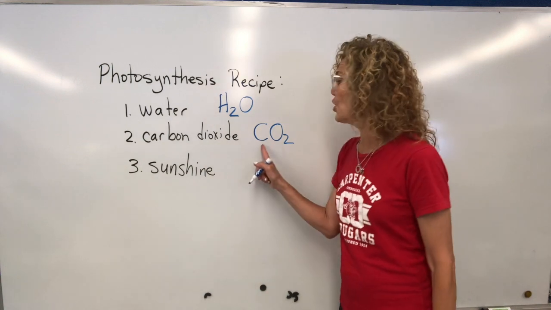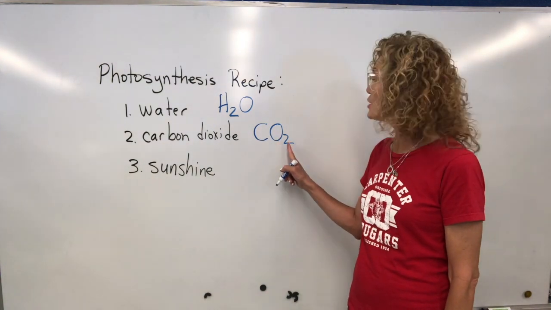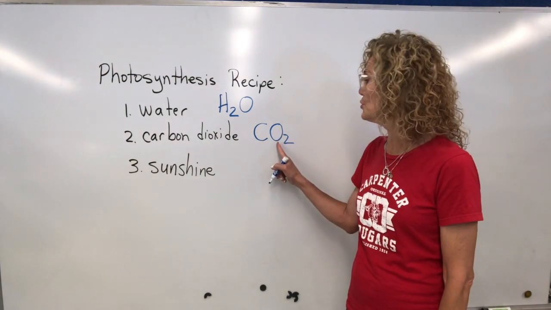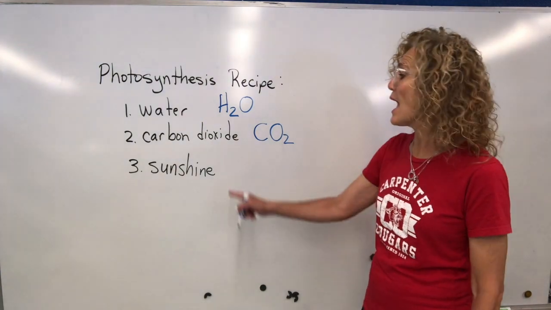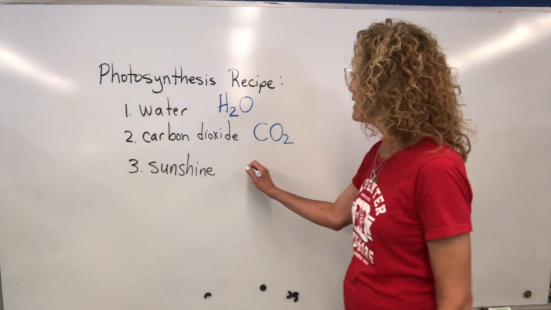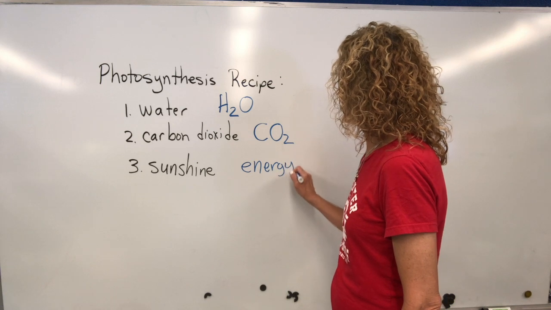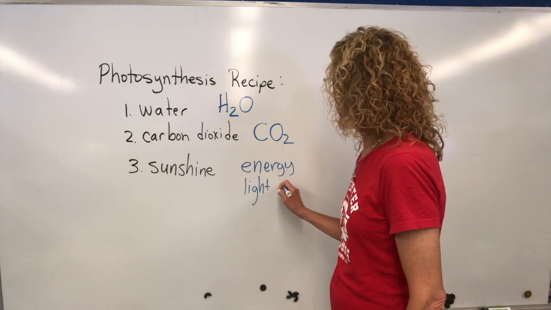CO2. C is carbon, O is oxygen, 2 molecules of oxygen. 1 carbon, 2 oxygens, carbon dioxide. And the third ingredient is sunshine, and that is really energy in the form of light and heat.